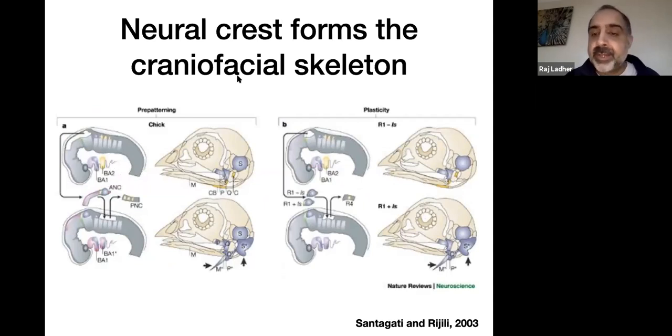So how do we know where this neural crest is coming from, and how do we know that it's patterned? So here we have classic transplantation experiments from Nicole Le Douarin's group, and she's been looking at this for over 50, 60 years, and what she's been doing is transplanting.